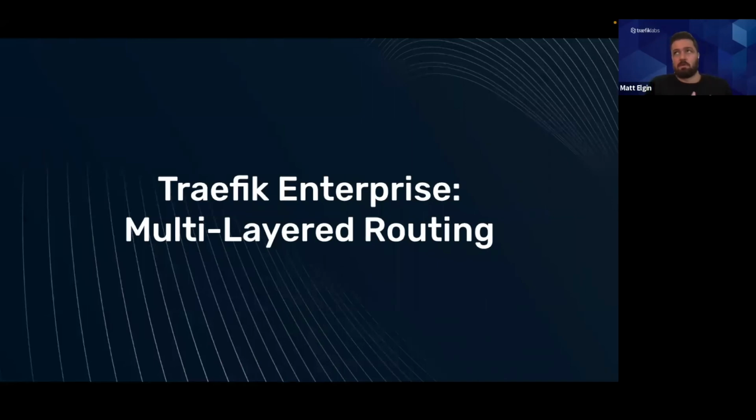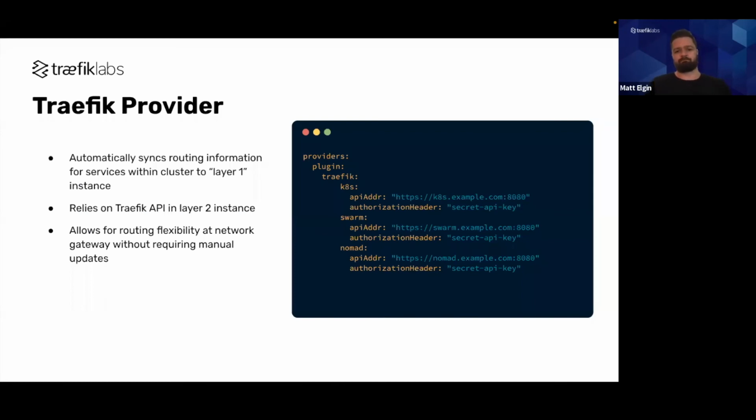So I want to wrap up that last variation by talking a little bit about how we have seen customers approach that with Traefik Enterprise specifically, namely talking about the multi-layered routing capability. The way that we approach that with Traefik Enterprise is leveraging what we call the Traefik provider.